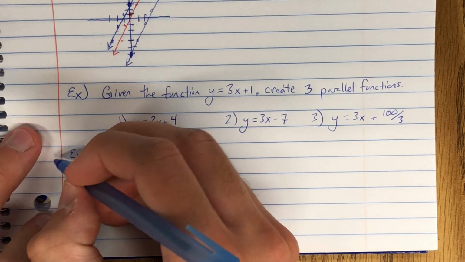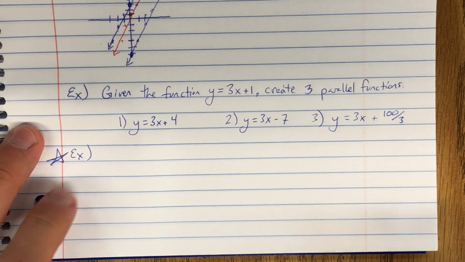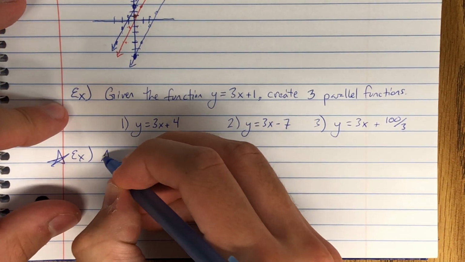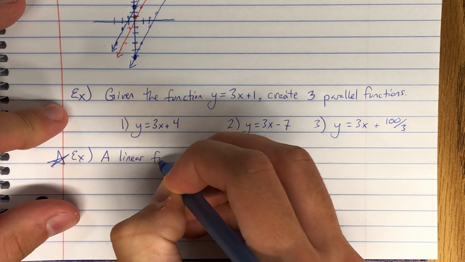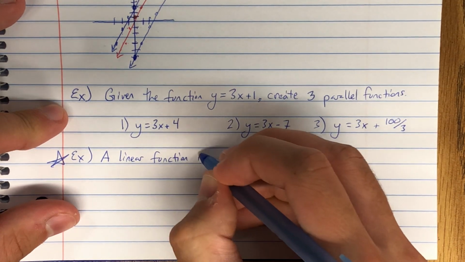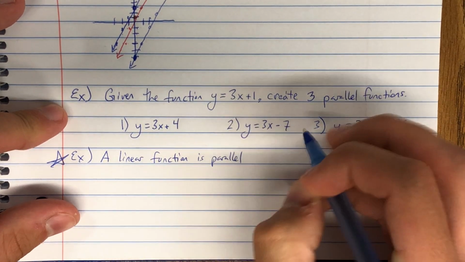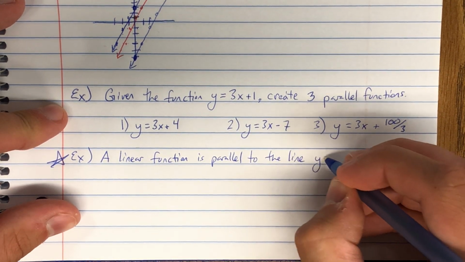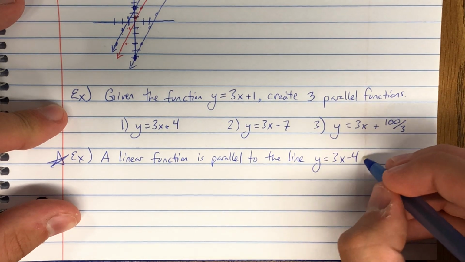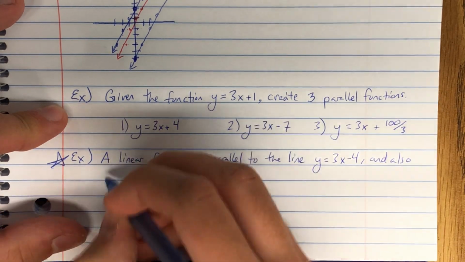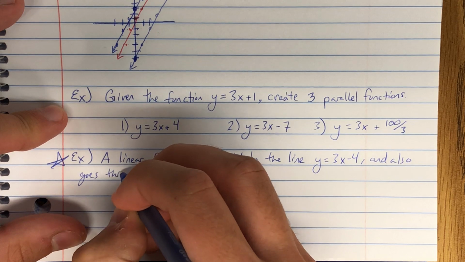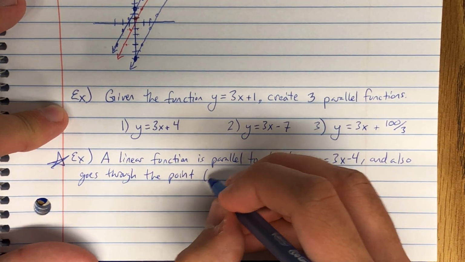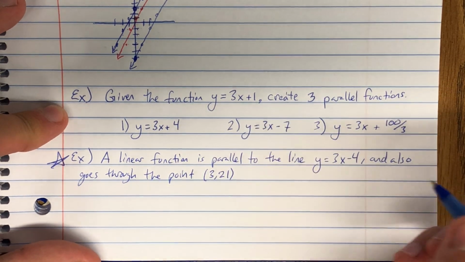All right, so our next problem, and I'm going to put a star next to this because this is an important one for us. So let's say a linear function is parallel to the line y equals 3x minus 4, and also goes through the point (3, 21).